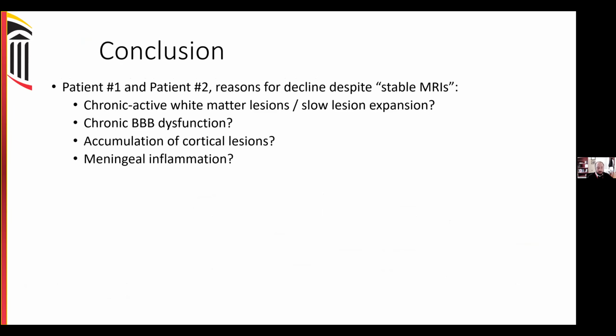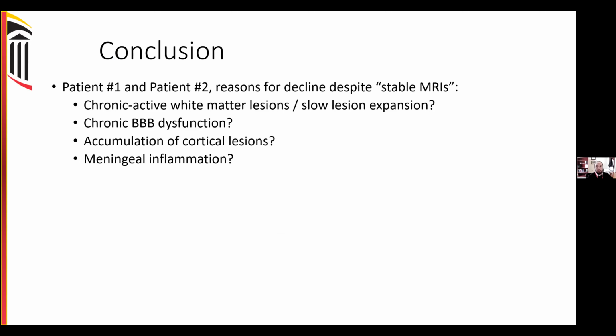So in conclusion, if we bring it back to patient number 1 and patient number 2 and think a little bit about the fact that their MRIs were read as being essentially stable, yet the patients are worsening. Why is that happening? Well, a lot of the things that we just talked about may be continuing to go on in these patients, and we may not be able to measure that with the standard MRI sequences.